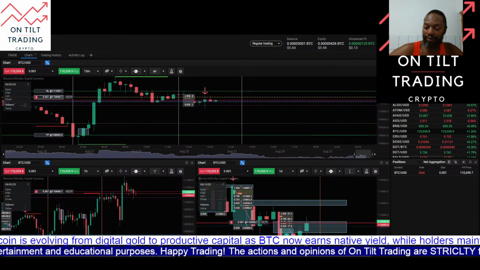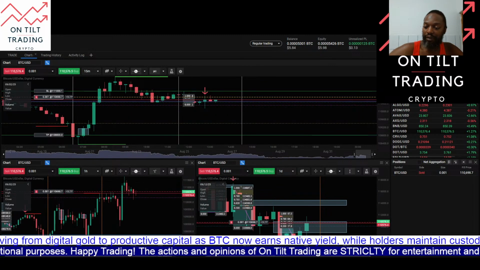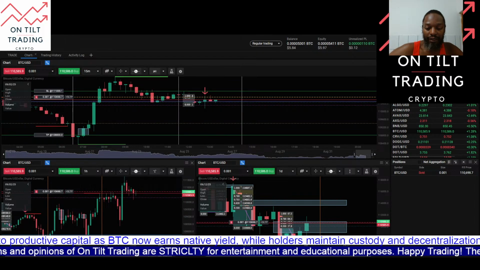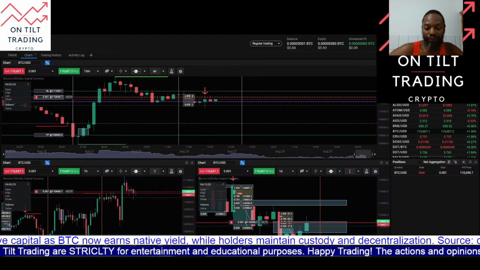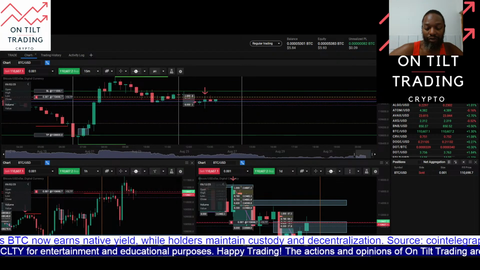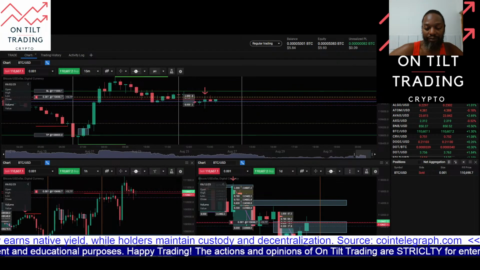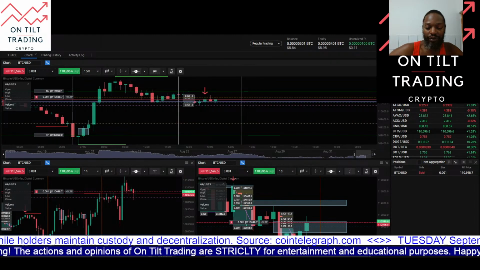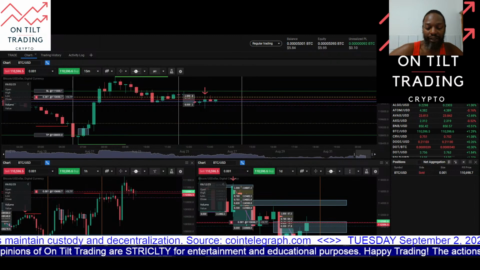Back this up here. So here on the daily, the reason why I'm not trading, or I mentioned I was not trading the daily based on this fair value gap here. This is a short-term high right here.